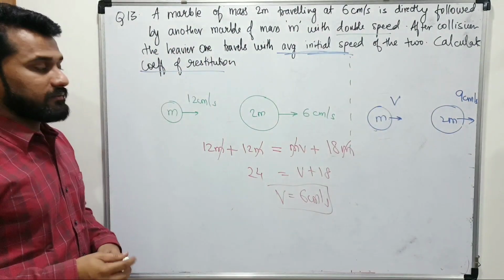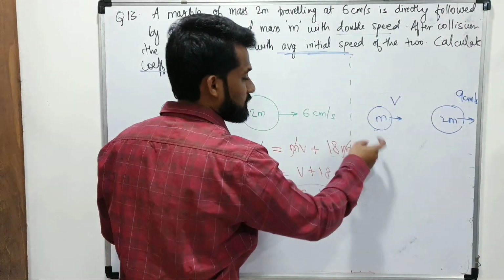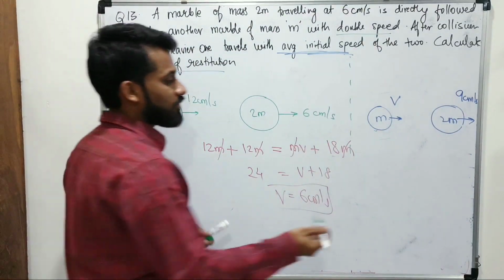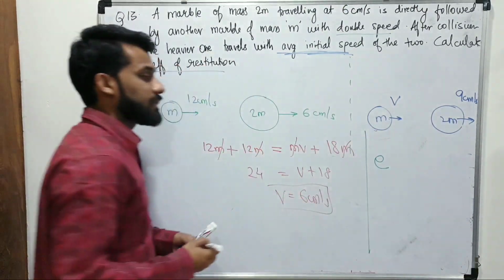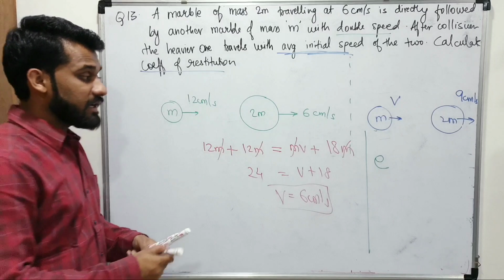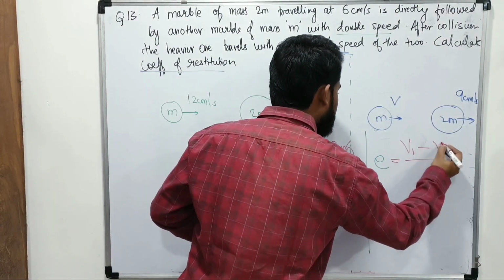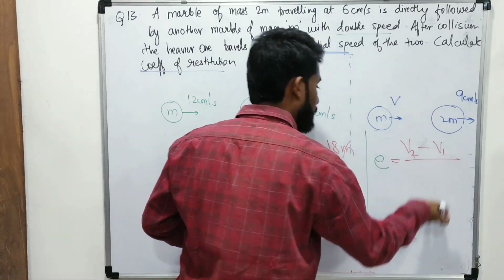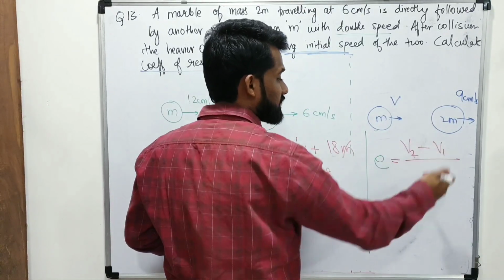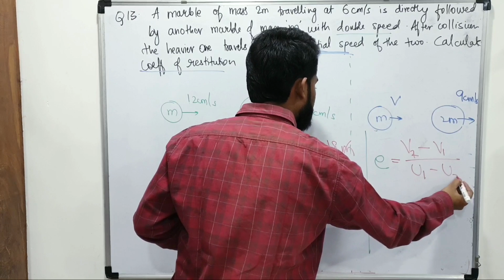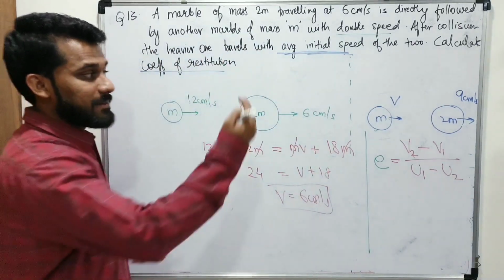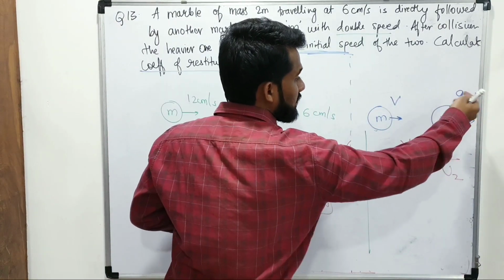And once you get velocity of the first ball after collision, what is the formula for coefficient of restitution? Coefficient of restitution, we have seen, it is the ratio of relative velocity of separation to relative velocity of approach. So while separating, what was the relative velocity of separation?